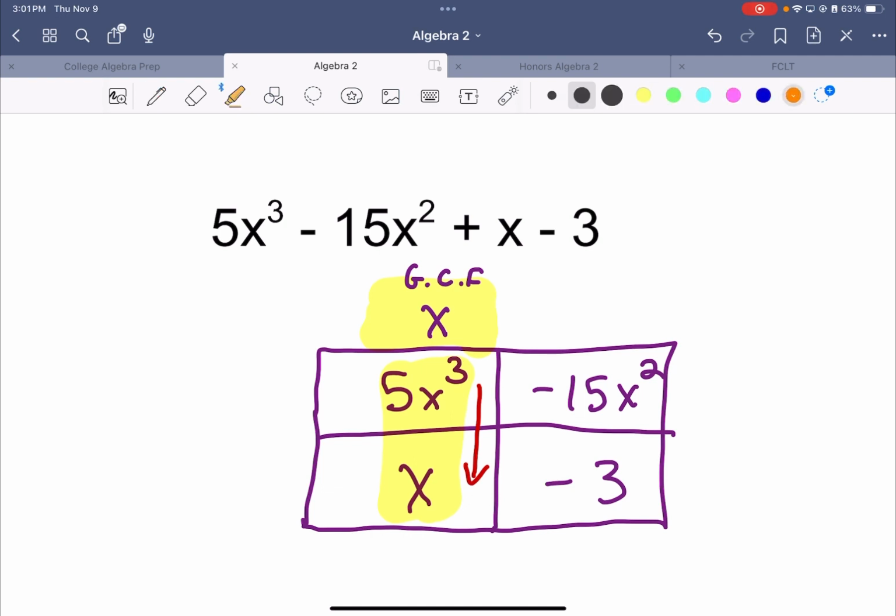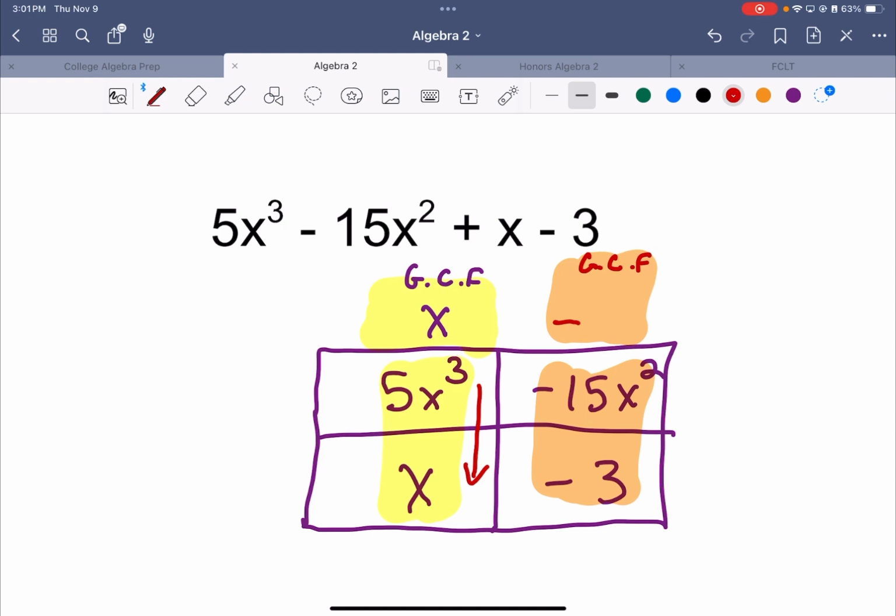Then we're going to look at the GCF for this, and that's going to go right there. Now remember what I just said. Anytime your first term is negative, and our first term in this case is negative 15x squared, we're going to take out a negative.